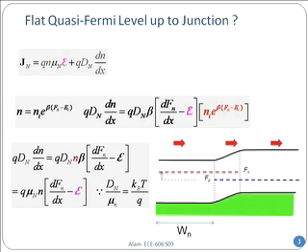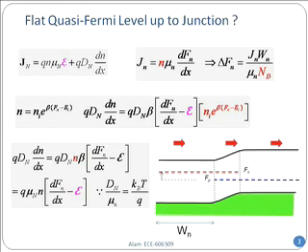And as a result, when I sum them, the current will only have dependence on the quasi-Fermi level. So the gradient of the quasi-Fermi level is proportional to the current.